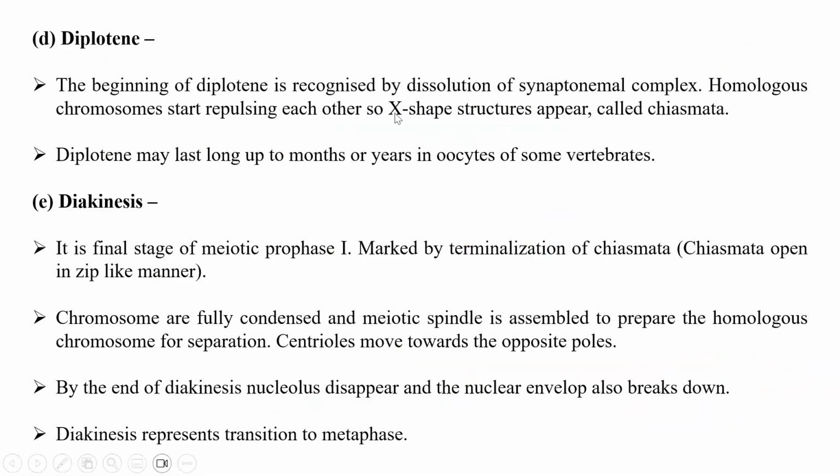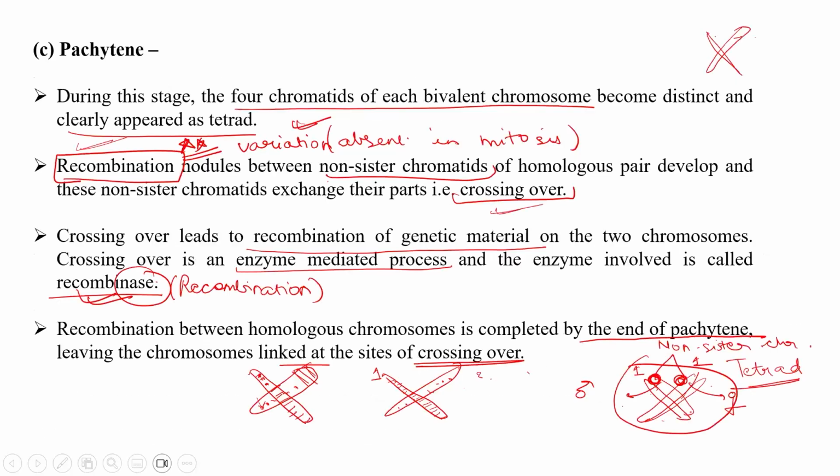So the beginning of diplotene is characterized by the dissolution of the synaptonemal complex. Homologous chromosomes start separating, and such a structure appears during the diplotene stage.